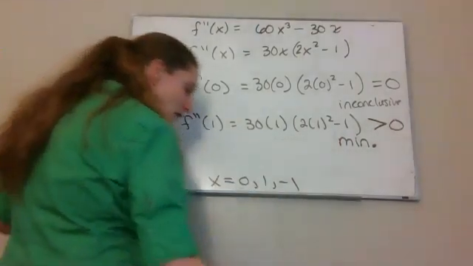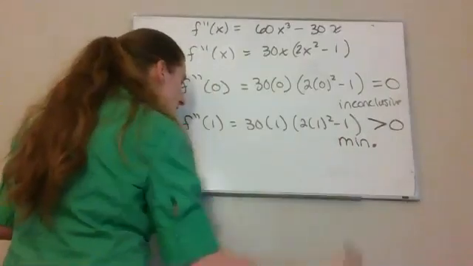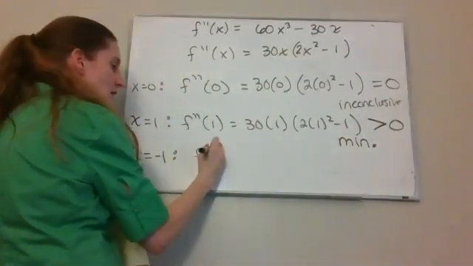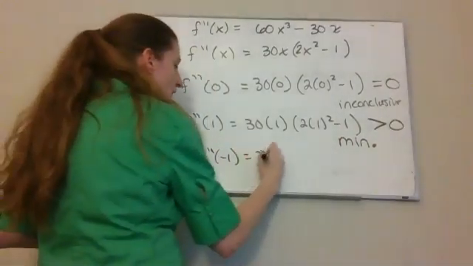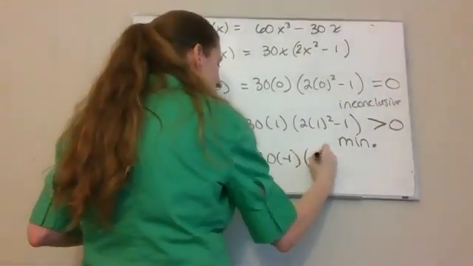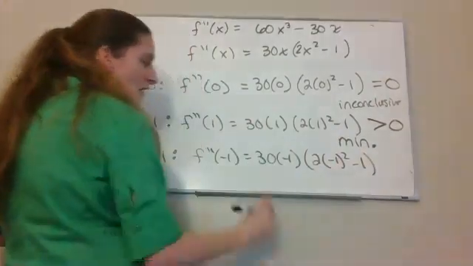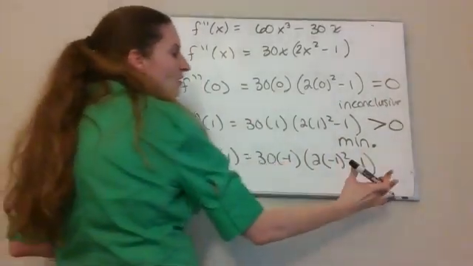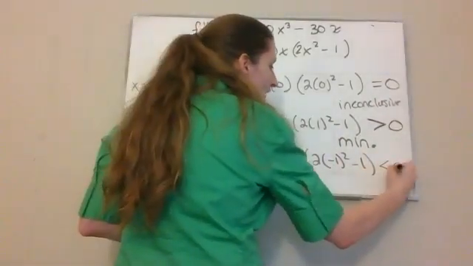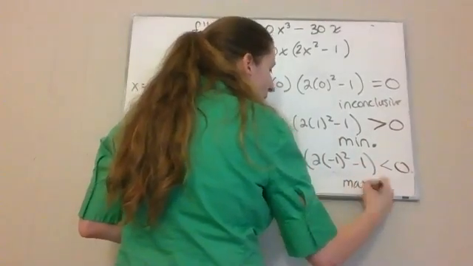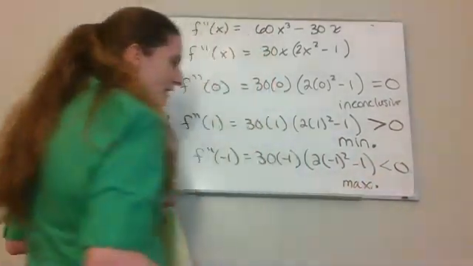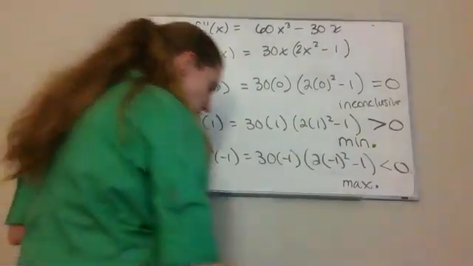Now, if I use x equals -1, I would get 30 times -1 times 2 times -1 squared minus 1. So I get negative times positive, the whole thing is negative, and we have a maximum using our second derivative test.